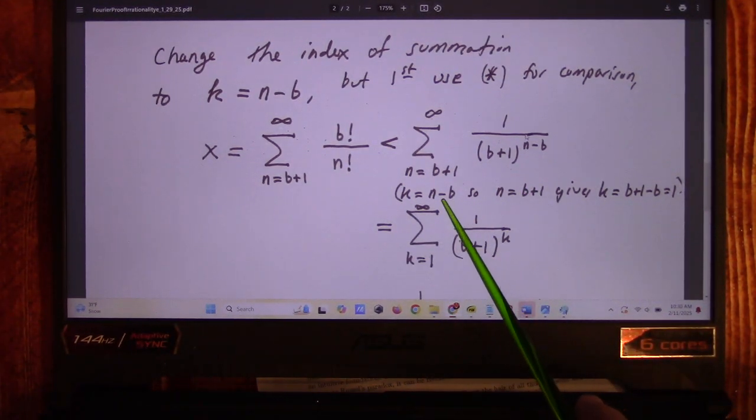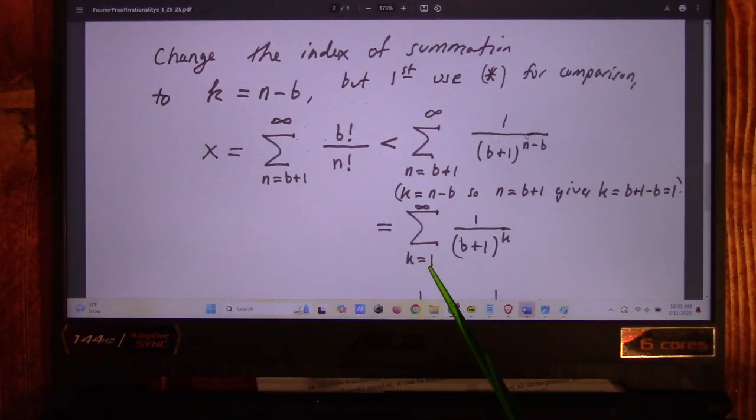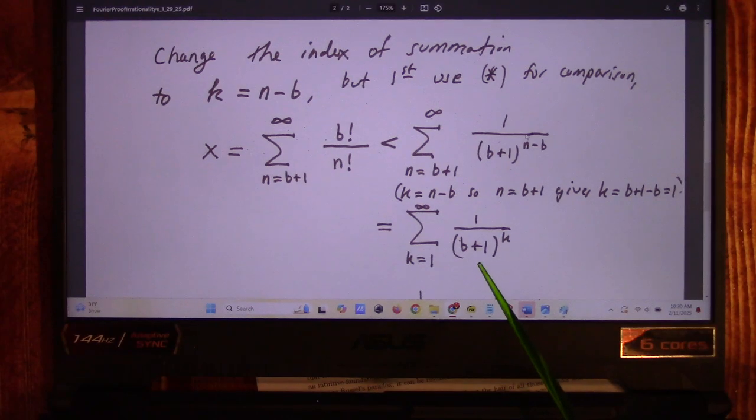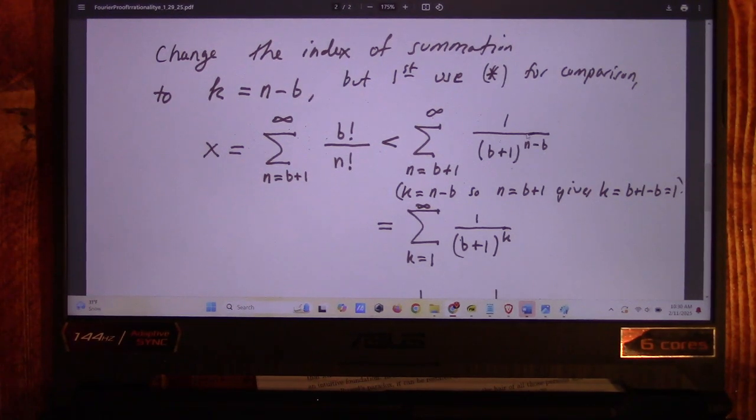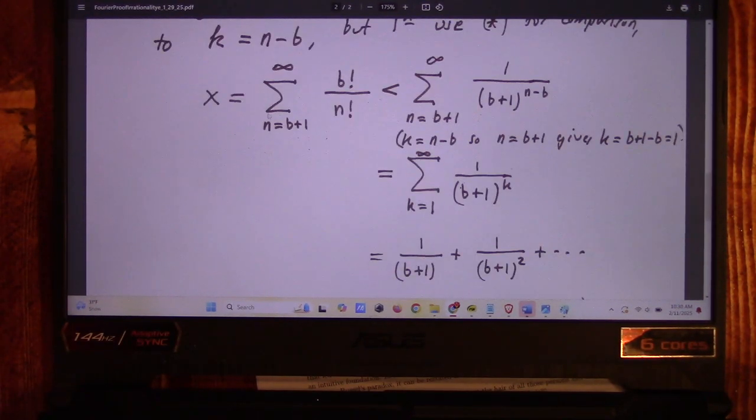Okay, anyway, so we have this inequality here. I change the summation from n to k equals 1 to infinity of 1 over (b plus 1) to the k. At this point, I'm like, oh, I know what that is. That's a geometric series, right? And we know how to sum a geometric series. In fact, we worked that out in class in this course, if I recall correctly.